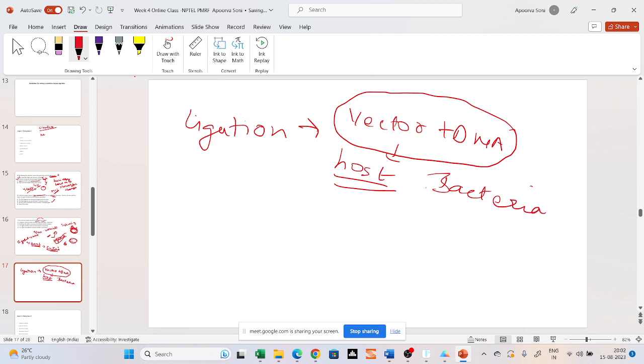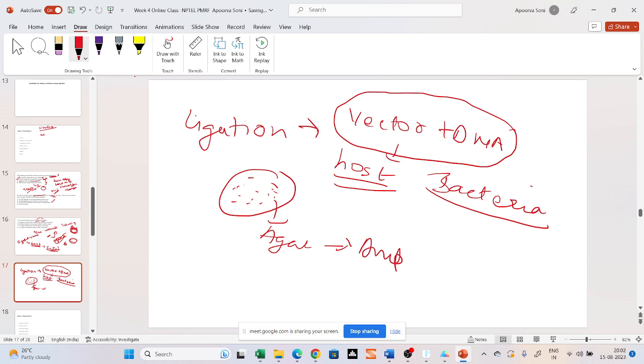Now you will keep this bacteria to grow. In my plate there would be many colonies, and this is an agar plate which has ampicillin in it, suppose. Ampicillin will not allow the bacteria to grow because bacteria are a kind of infection. Ampicillin inhibits the growth of bacteria.